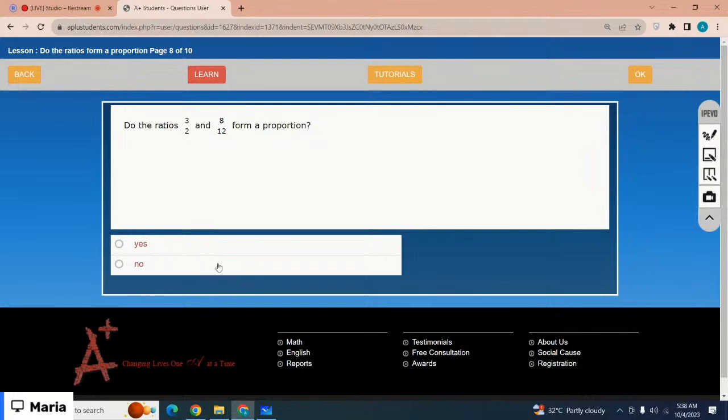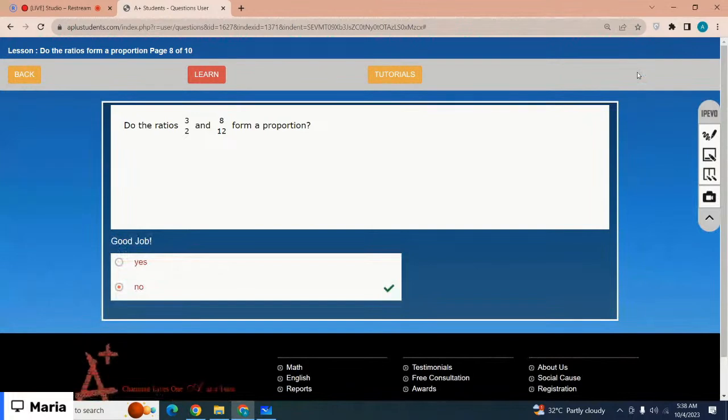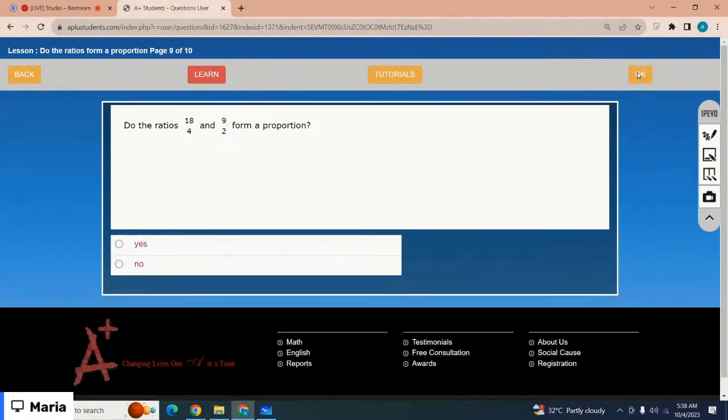The correct option is no, they do not form a proportion, right? Do the ratios 18 by 4 and 9 by 2 form a proportion? Yes, they form a proportion, right? The correct option is yes.